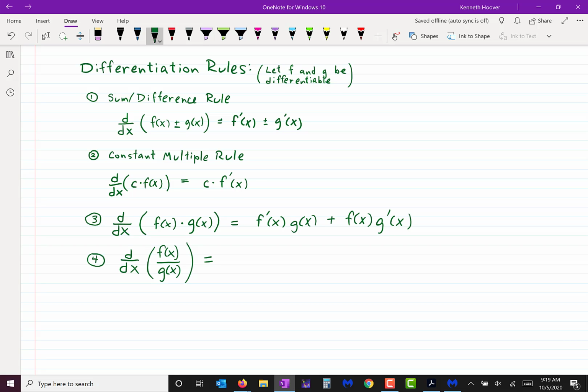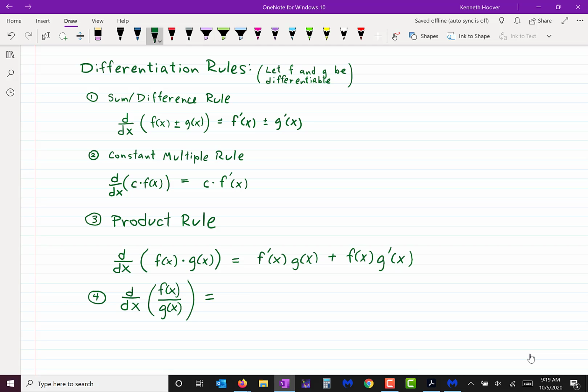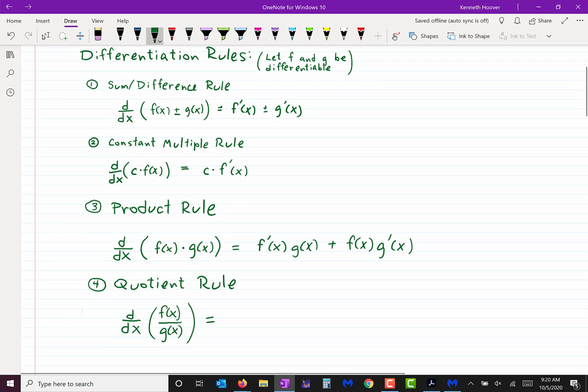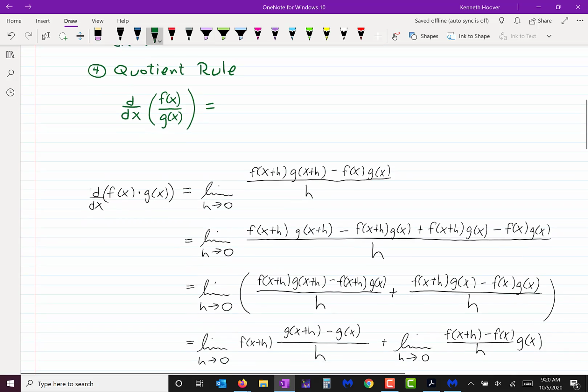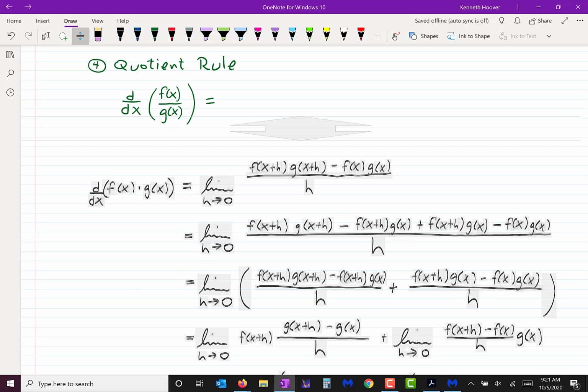Oh, I forgot to write the name of that last one, so let me fix this. There you go. Number 3 is called the product rule. And this one, number 4, is going to be called the quotient rule. It takes a little bit longer to show you, but just be patient and stick with me. It's not difficult. It just takes some writing.